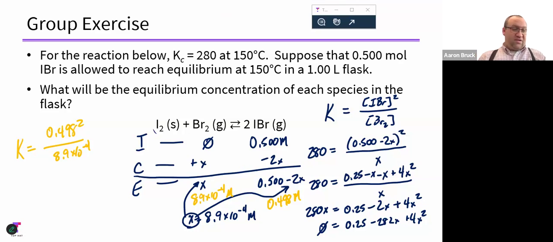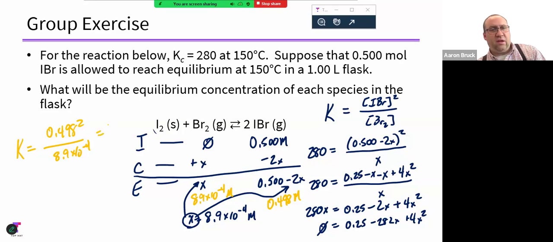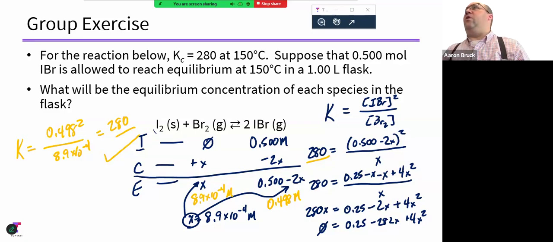To two significant figures, I get 280. The actual number on the calculator is just a little bit over 278. So it matches what we were starting with. We know we're on the right track.